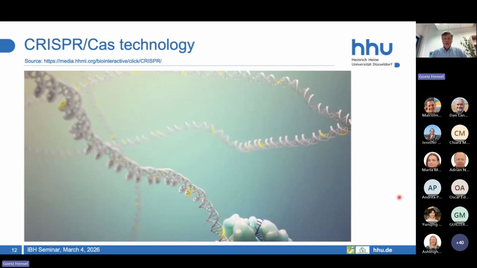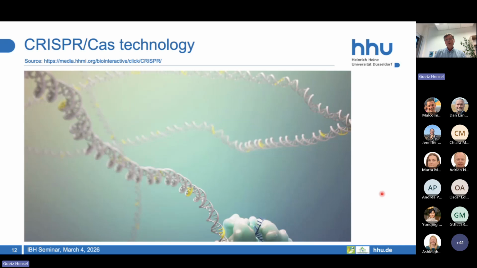But today I'm talking about using endonucleases, and here the most common one these days is the CRISPR-Cas technology. I did not prepare many slides for introducing this technology, as this is quite common.